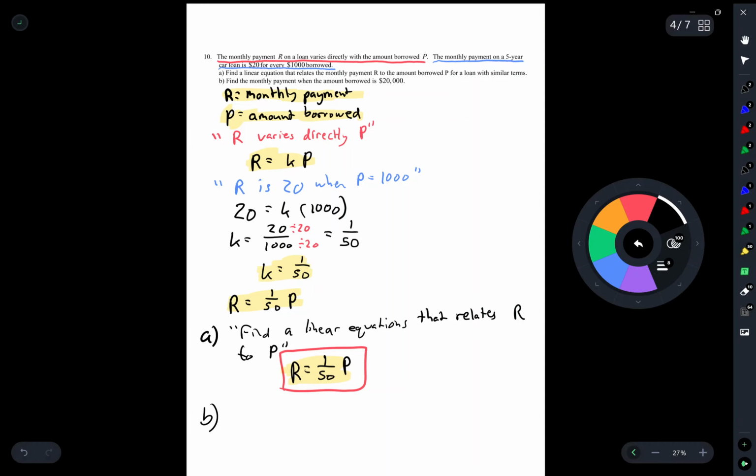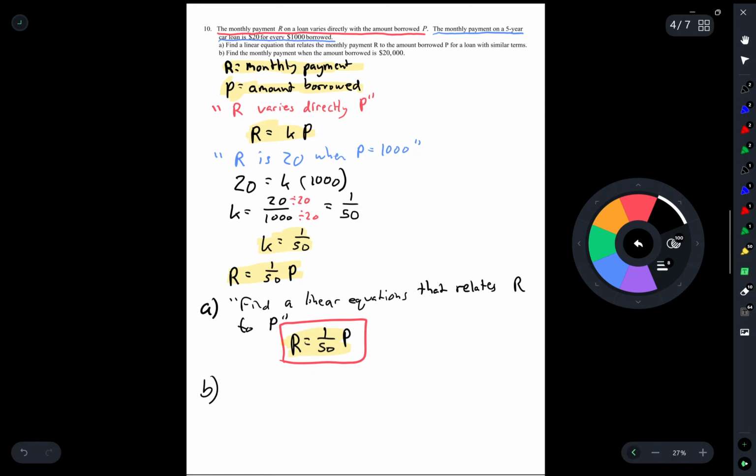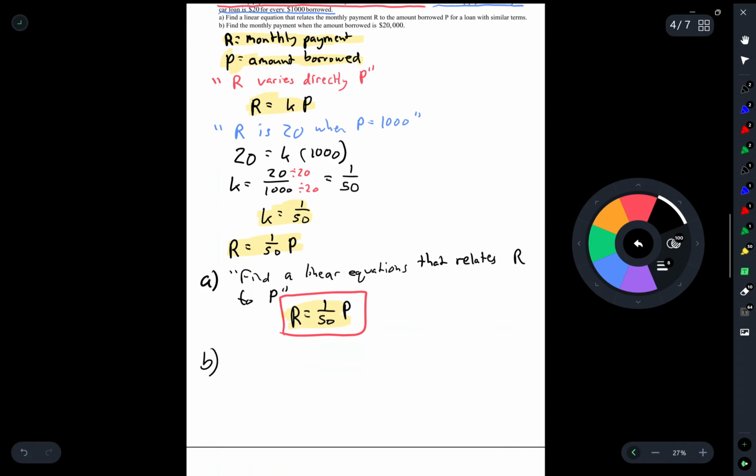But if it's still something that you're not able to see right away, you can always switch this into more mathy language. So instead of saying find the monthly payment, which is R, we know that from the very beginning. Find R when the amount borrowed is $20,000.